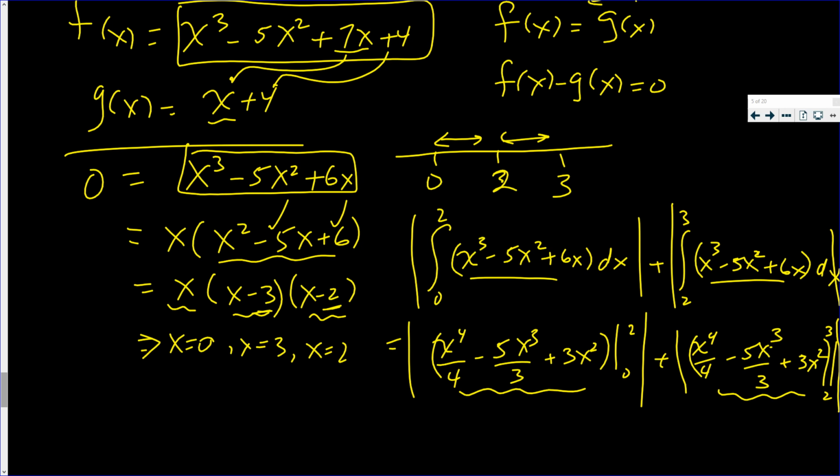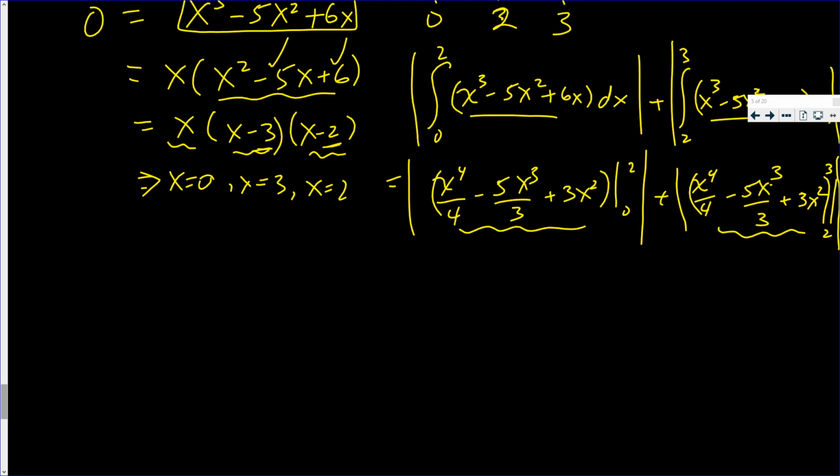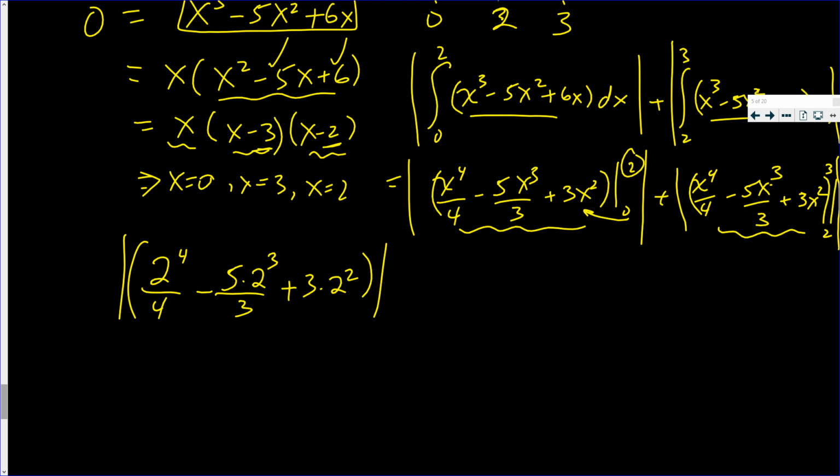Okay, now we evaluate. You plug in 2, you get x to the 4 over 4 minus 5 times x cubed over 3 plus 3 times x squared. I hope it's clear that when you plug in 0, you're going to get 0. That's the first one. Let's not forget the absolute values. Plus. Now something neat's going to happen.